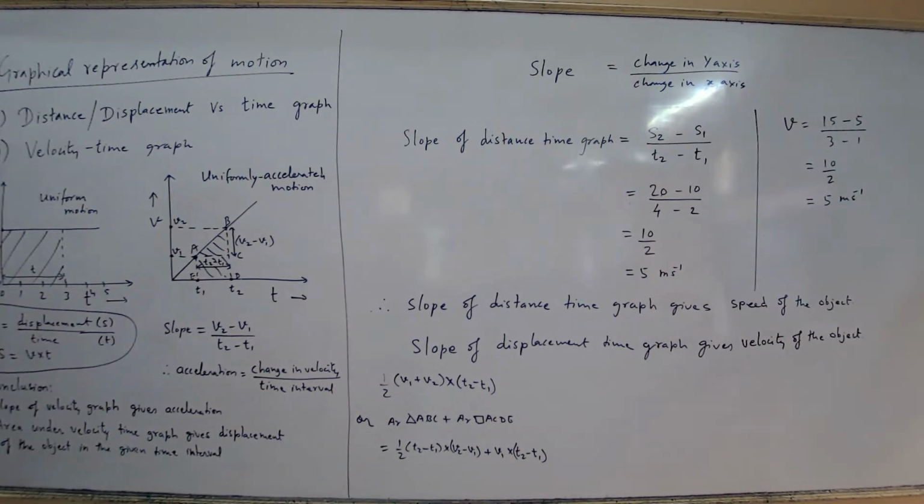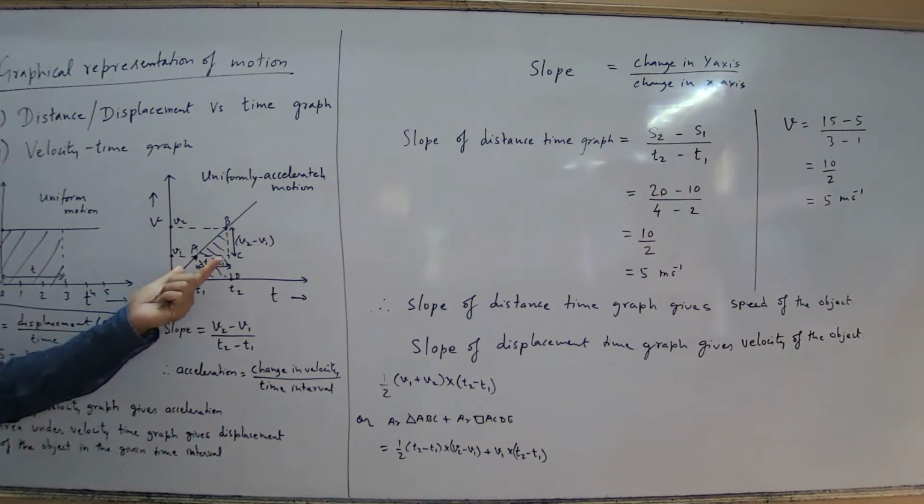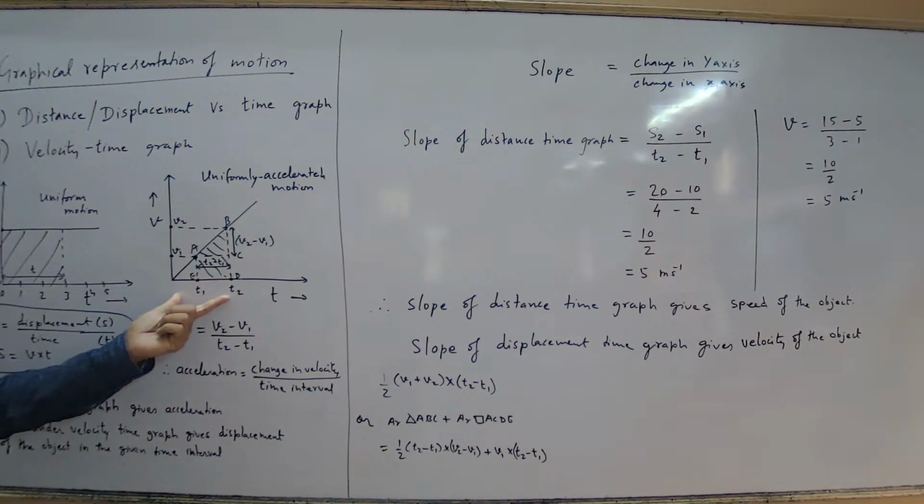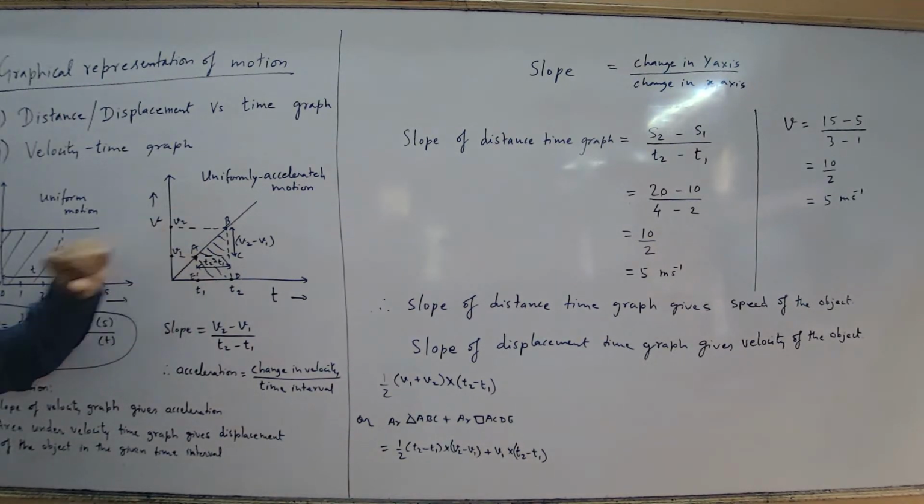Will you get the same thing? Half base is T2 minus T1 into height V2 minus V1.